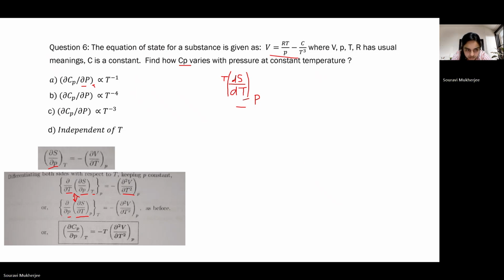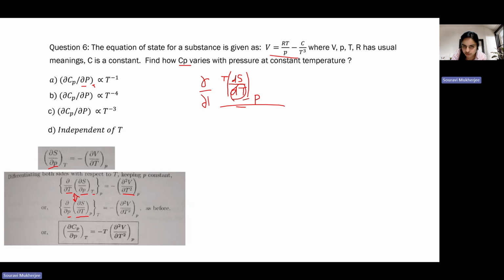Because you have to find a relation of Cp as a function of, or a derivative with respect to pressure, you look at the initial description of Cp, there dT is involved, right? And you know from the question that you need to do a derivative with respect to pressure.